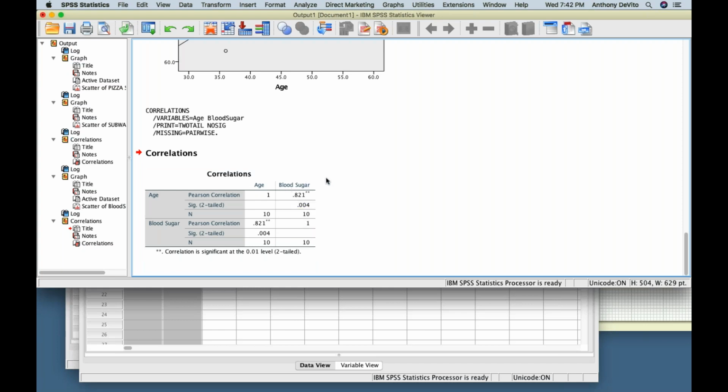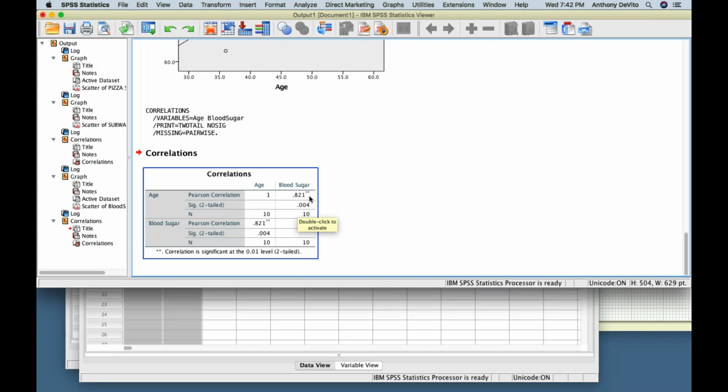And is this a statistically significant correlation? Can I reject the null hypothesis that rho is equal to 0? I can, because my two-tailed significance, my p-value, is less than 0.05. I can reject this with less than a 5% chance of being wrong.